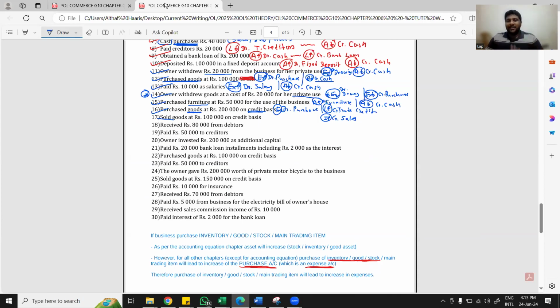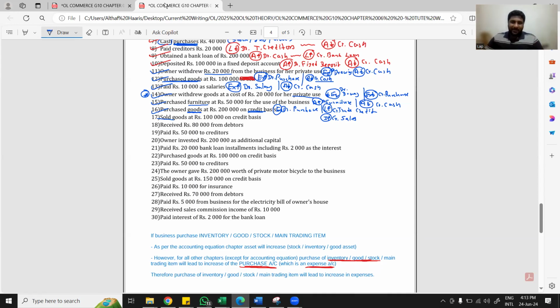You are selling not for cash but on credit basis. So you have to receive in the future. If you sell some item and didn't get the money, if you have to receive in the future, what's the name? Debtors, trade debtors. Debtors is an asset.